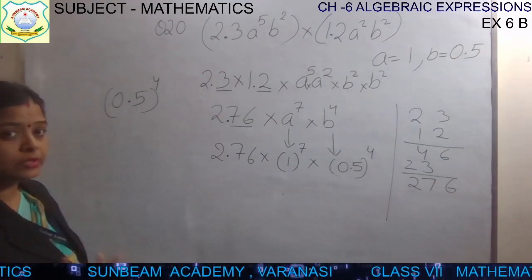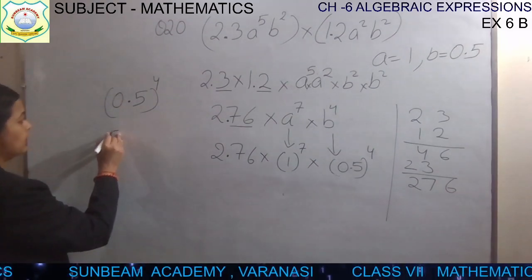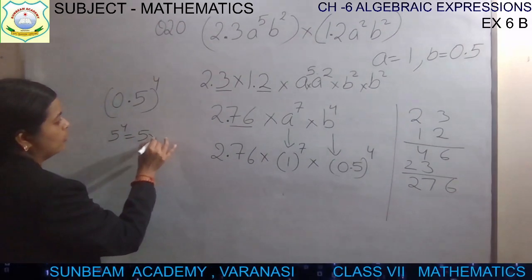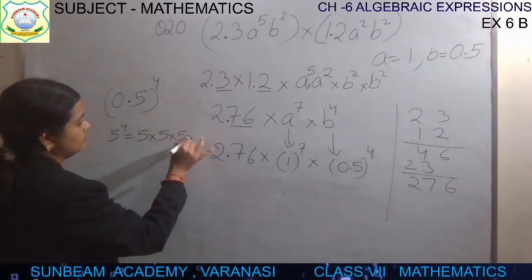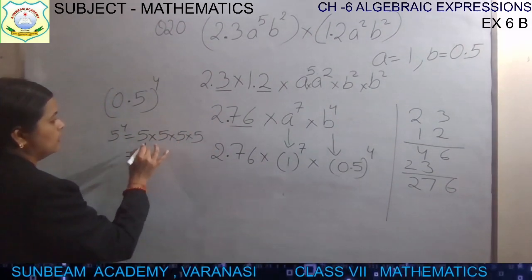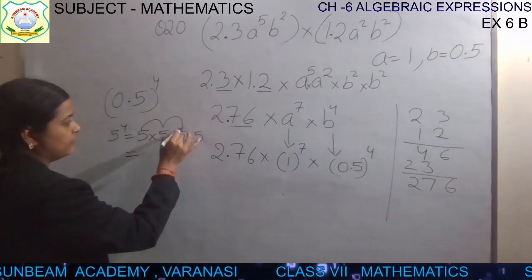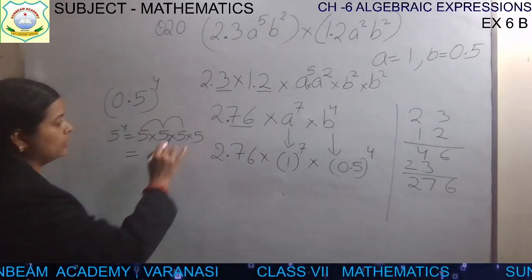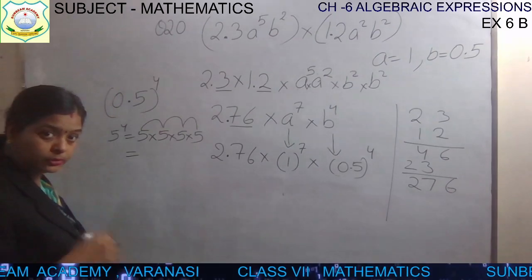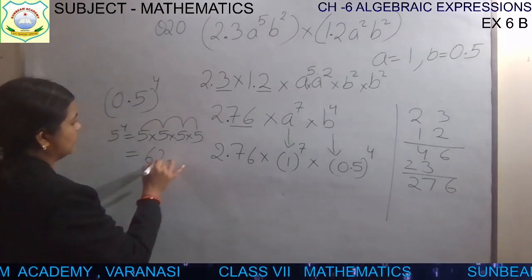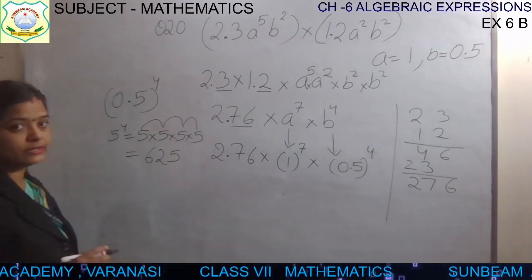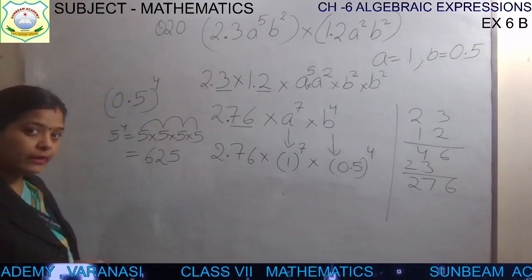What is 5 to the power 4? 5 to the power 4 means when you will multiply 5 4 times. So 5 5s are 25, 25 5s are 125, and 125 into 5 is 625 children. 625 is the answer of 5 to the power 4.